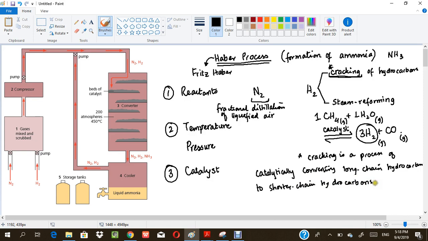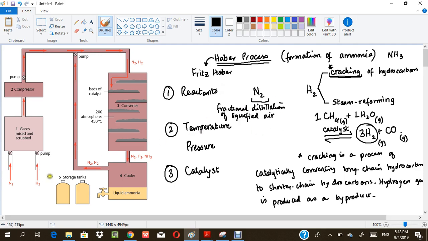However, the detail that's important is that hydrogen gas is produced as a byproduct. So now we have obtained the reactants needed for the Haber process to start, right?